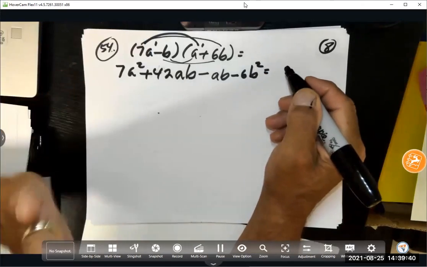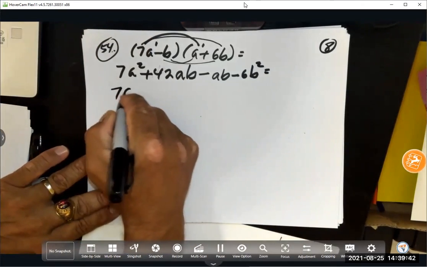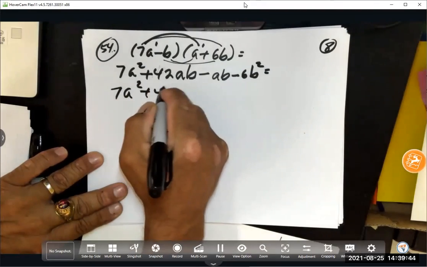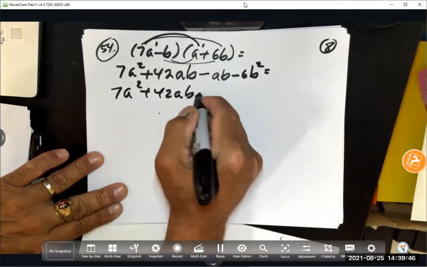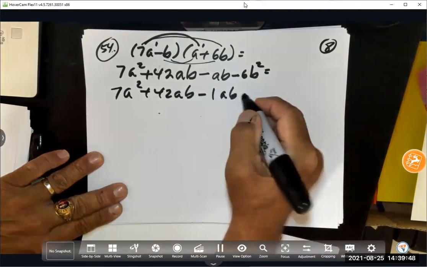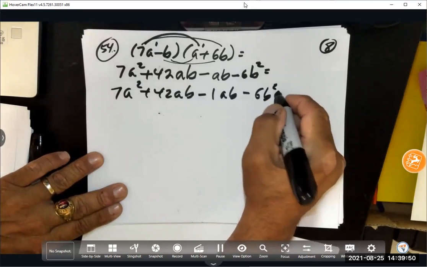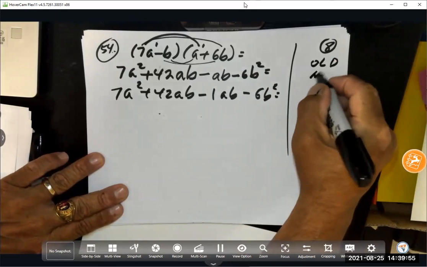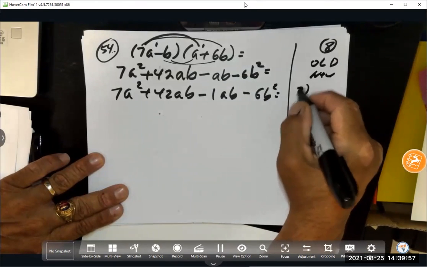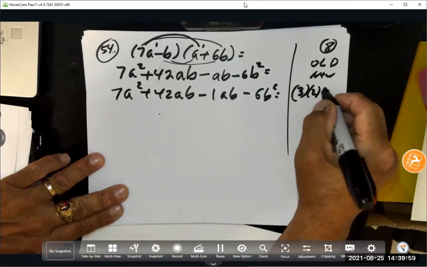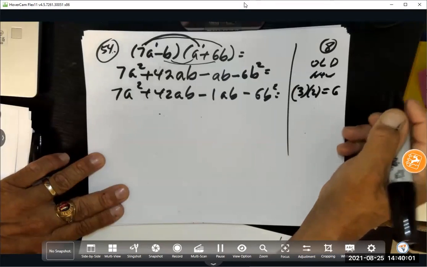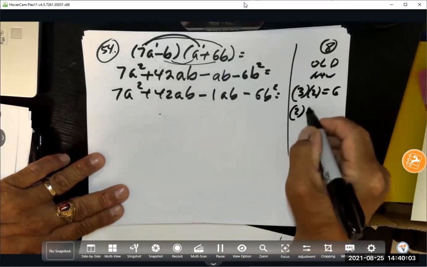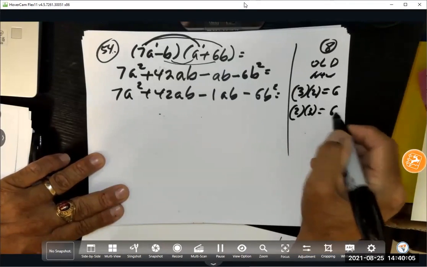Yes. Okay, now before I do the next one, let me write something here just to make it a little bit easier. Old and new. If I say 3 times 2, is that going to be a 6? Yes. 2 times 3 is also 6.